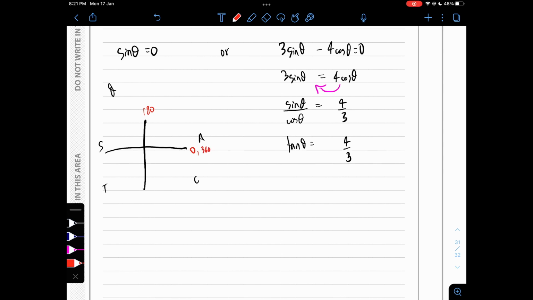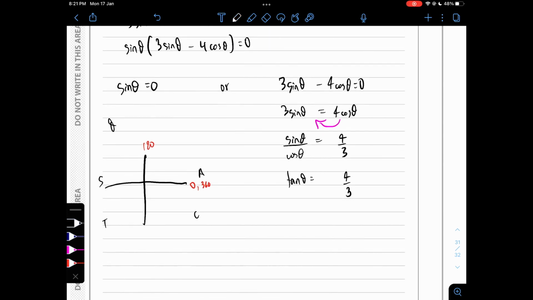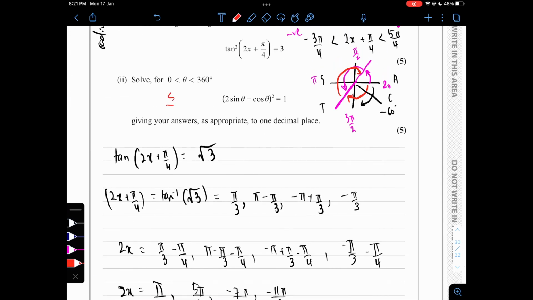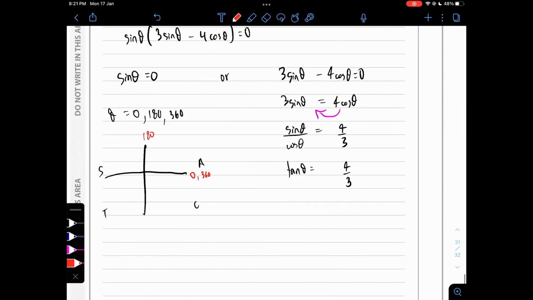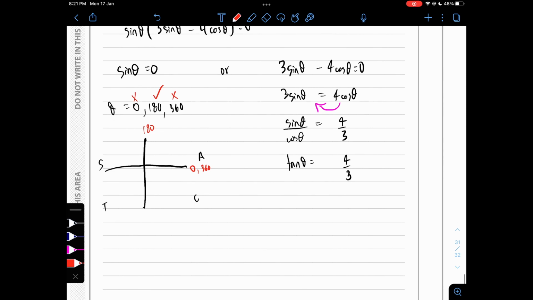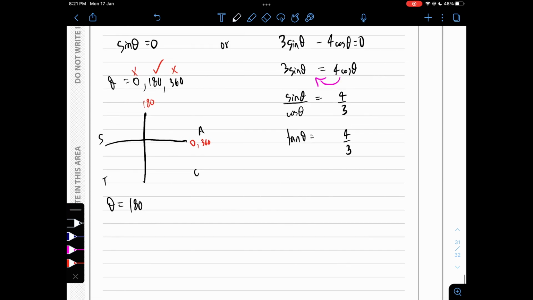So out of these, which do we care about? 0, 180, 360. What do we care about? Let's look at the range. It does not say greater than or equal to, so we don't care about 0, we don't care about 360. So this is the only thing we care about, 180. So from the left hand side, theta equals 180 is the only thing we know so far.